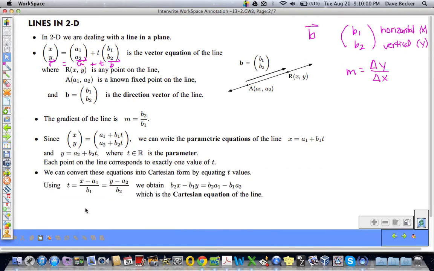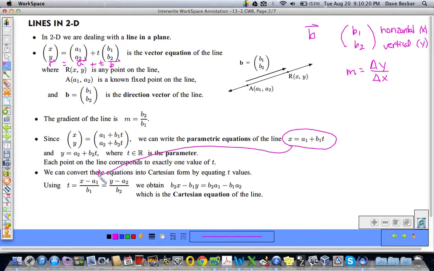Okay. Then we can convert each of these equations into Cartesian form. This looks really confusing, but it's not. It's really not. Take a look at this equation right here. If I solve this equation for t, I get that right there. If I solve this equation for t, now this t is the exact same thing as this t, I get that.